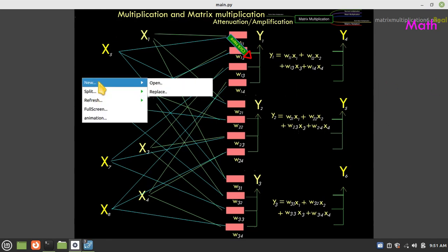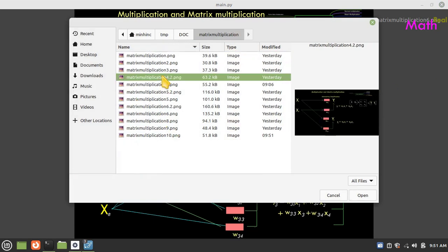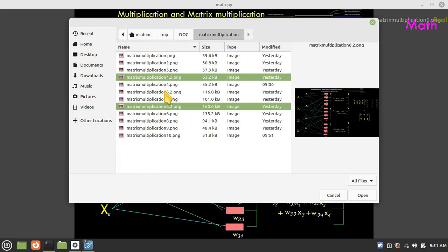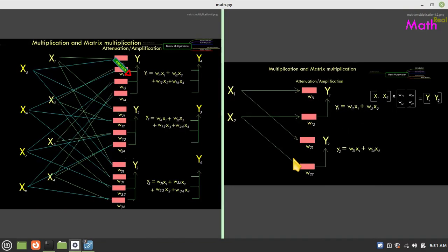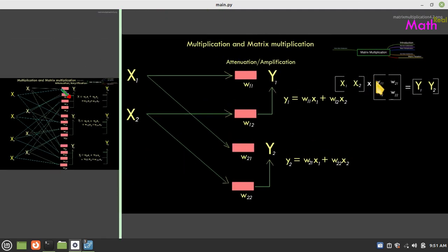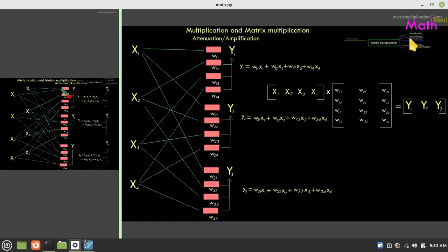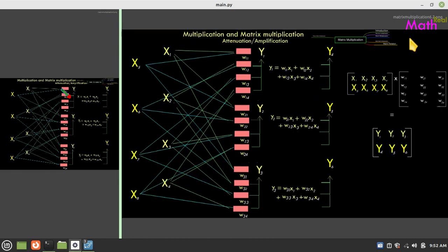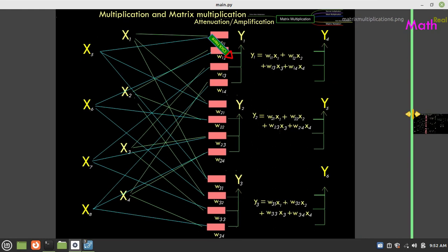Then we came up with a new notation, in which we have the matrix as fundamental, like this, and then we go for matrix multiplication.